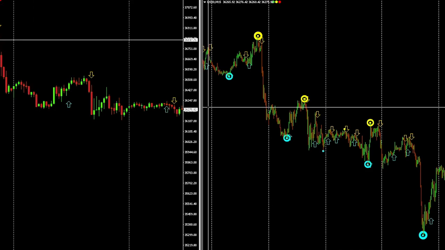Okay, great. So the market trades up late, closer to the close of the day. So price ran up, left us a double dot here.